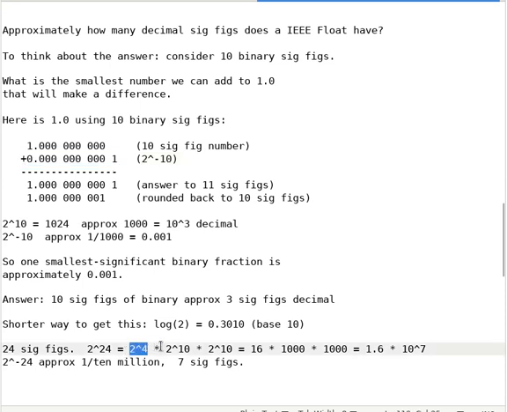It's 2 to the 4th times 2 to the 10th times 2 to the 10th. That's 16 times a little over 1,000 times a little over 1,000, which is about 16 million. It's a little more than 1.6 times 10 to the 7th. It's a little bit bigger than 10 million.